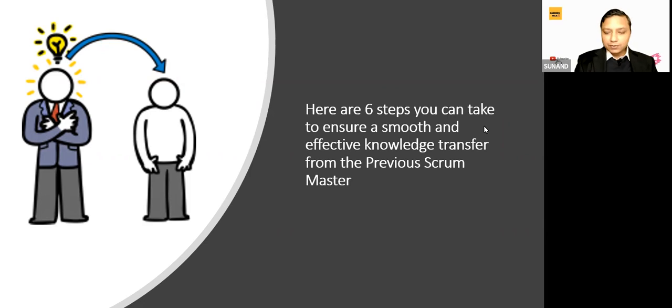Now, the last thing which you should do is ask your Scrum Master if there are any opportunities for professional development and networking to continue learning and growing as a Scrum Master in this organization. So you can ask, are there any professional development or networking opportunities which you suggest for Scrum Masters, such as conferences, workshops, online courses, or any CoP?